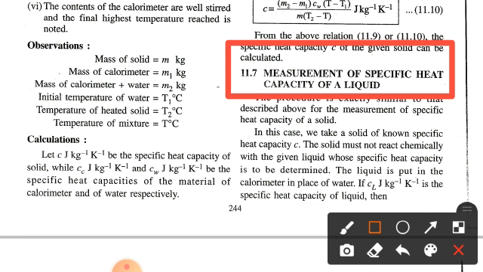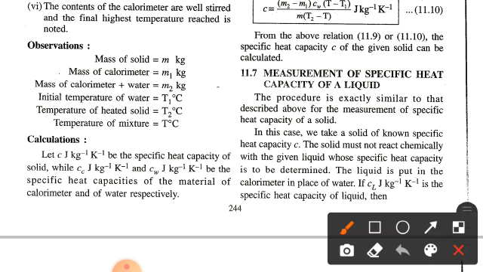Fine. So in this case we take a solid of specific heat capacity small c. The solid must not react chemically with the given liquid whose specific heat capacity is to be determined. This is the rule: the solid you have taken must not mix with the liquid for which you are going to measure the specific heat capacity.